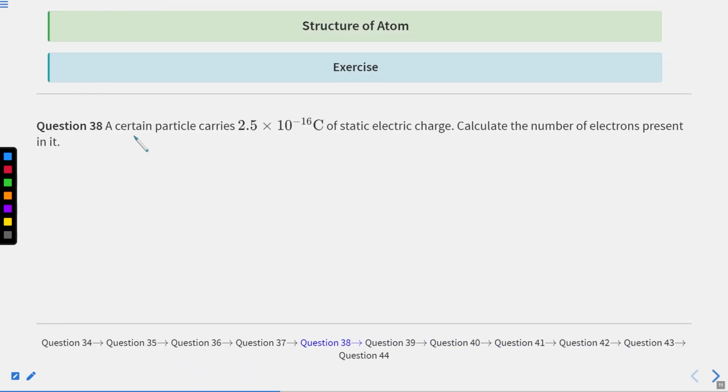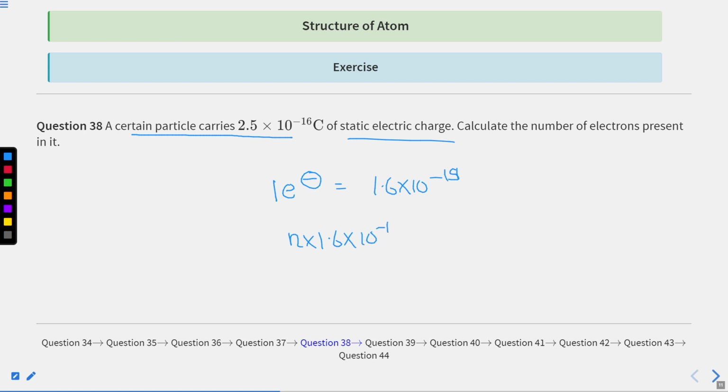A certain particle carries a charge of 2.5 into 10 to the power minus 16. So we have to calculate the electrons present in it. Now, one electron carries a charge of 1.6 into 10 to the power minus 19. Suppose n electrons are there.